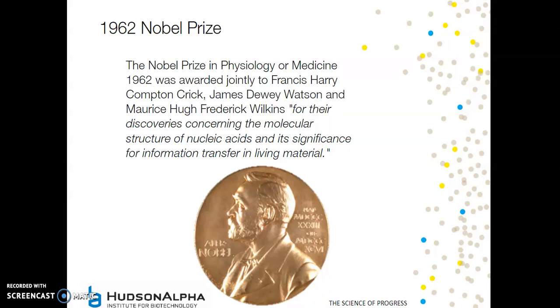Her name was Rosalind Franklin, but she sadly died before they actually got the model built. And the Nobel Prize is not given to people posthumously, so she did not actually receive credit in the Nobel Prize award. But they received the award for their discoveries concerning the molecular structure of nucleic acids and its significance for information transfer in living material. That's actually what was stated when they won the Nobel Prize.